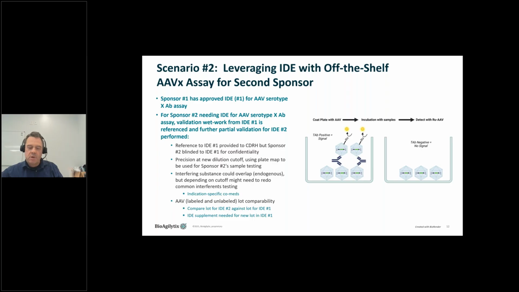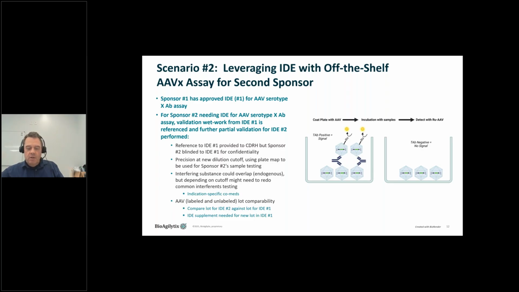The common substances between trial populations 1 and 2 may not need to be retested. Caveat there is if the cutoff is lower in trial number 2, then there's probably more need for interfering substances reevaluation. And of course, any co-meds that are unique to the number 2 trial population would need to be tested.